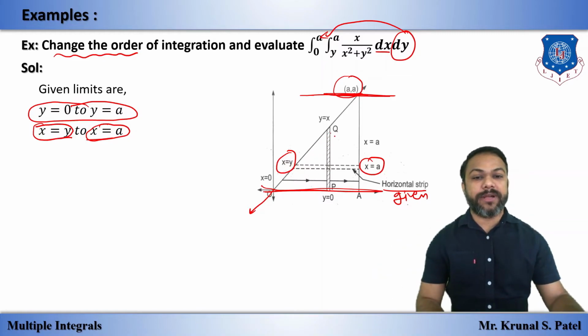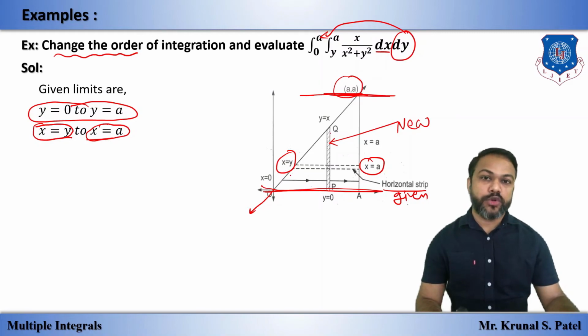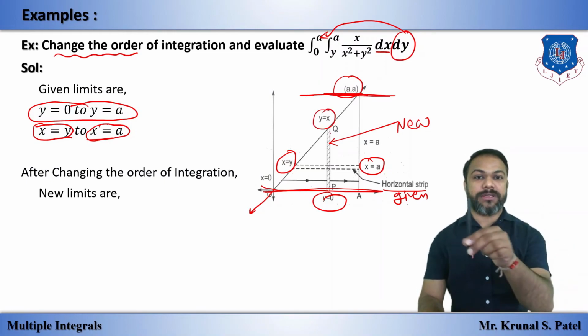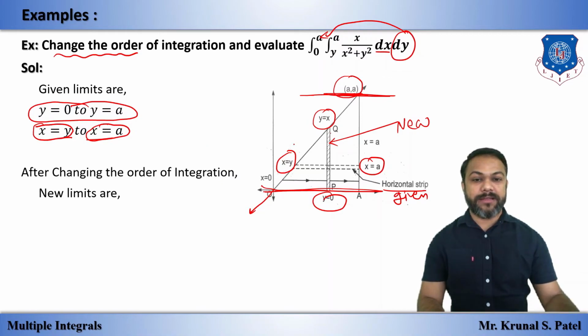If we make it vertical, this is our new strip, then we have to make y the subject. So the new limits are y is equal to 0 to y is equal to x, and this vertical strip moves along the x-axis. The leftmost part is x is equal to 0, and the rightmost part is x is equal to a.